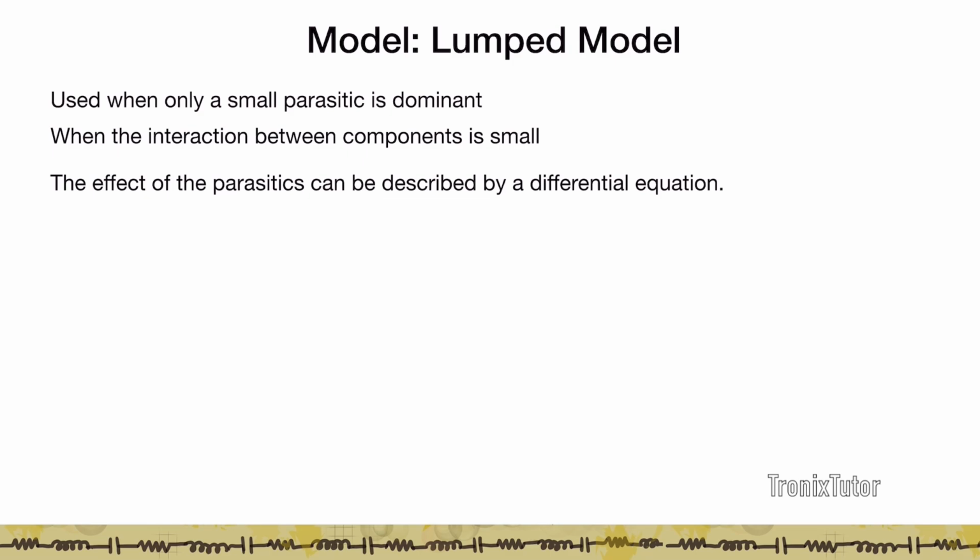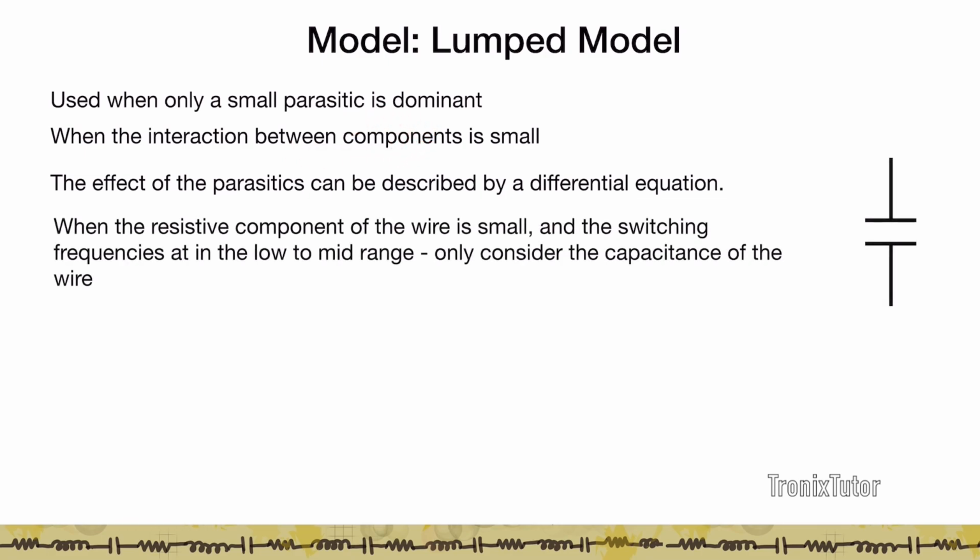Now the other model is what is known as a lumped model. So we normally use that when only one of the parasitics is important, say the capacitance, and when the interaction between the components is very small. So when the resistive component of the wire is small, for example, and the switching frequencies that you're using are in the low to mid range, then we can essentially model the wire as just a capacitance.